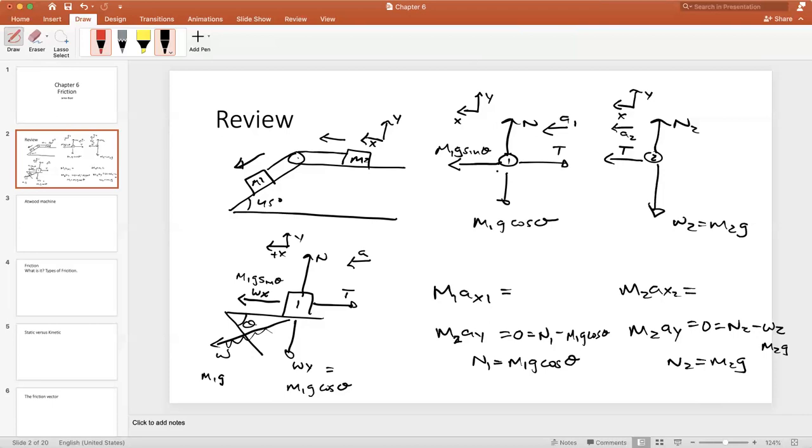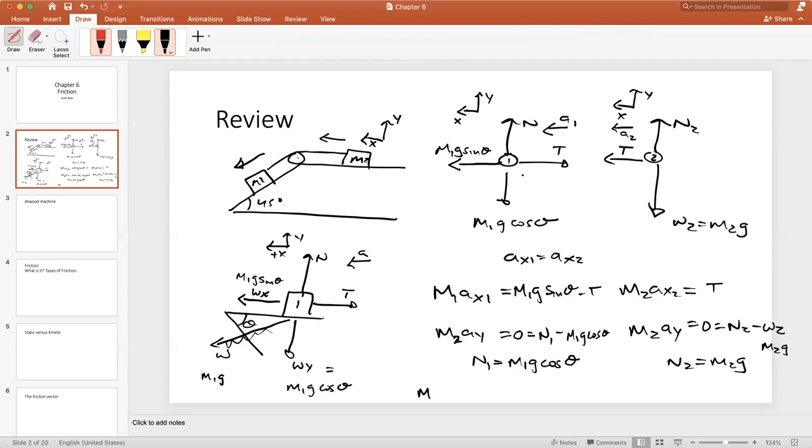So M1AX, remember A is positive that way, so we get M1g sine theta minus T. And M2AX is simply T. So we can see right away that we can substitute this T into here. Before we do that, since they're massless and frictionless ropes, A1 in the X direction and A2 in the X direction have to be equal.